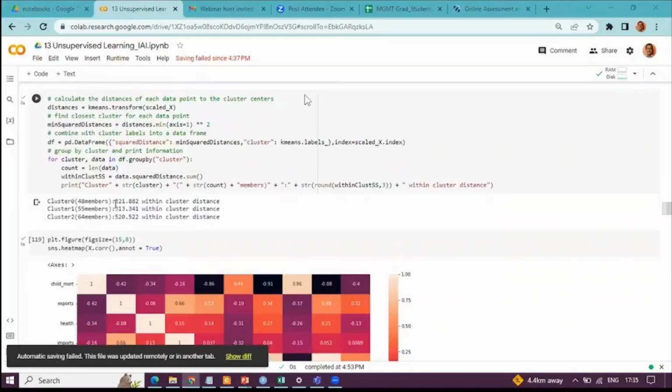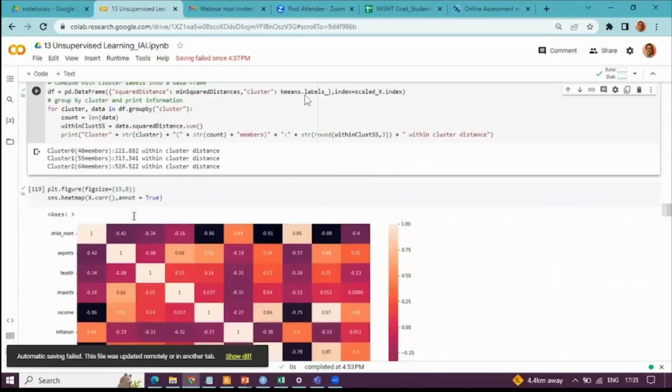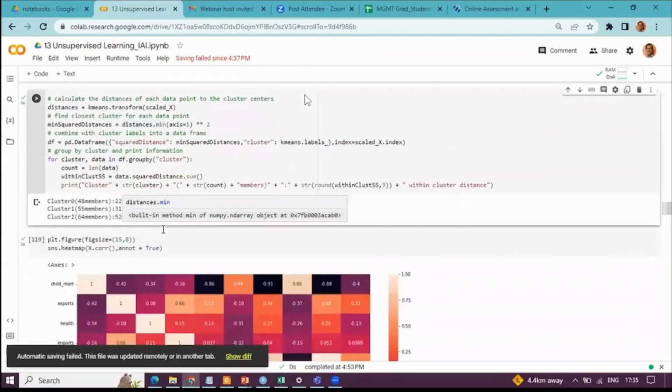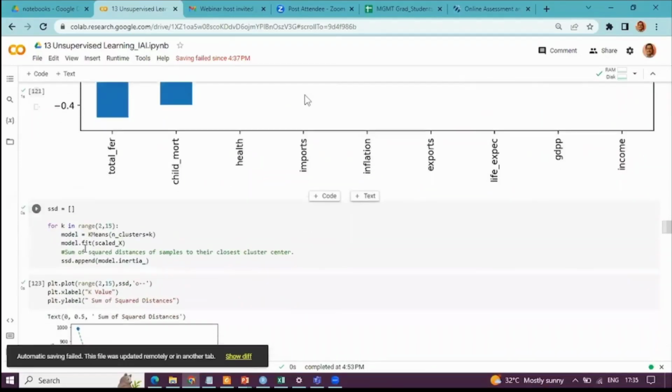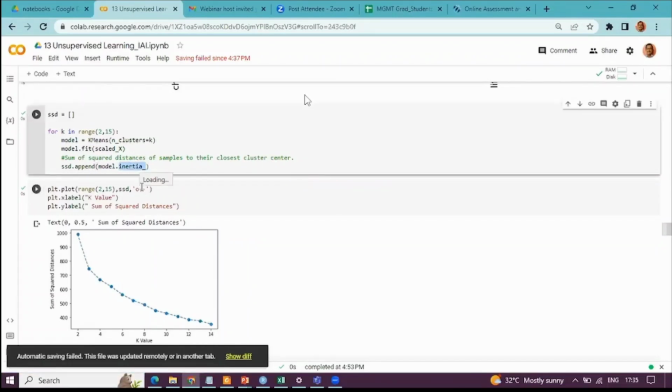So for each cluster, this is the within the cluster sum of squares. I can print for each cluster the within the cluster sum of squares, or if I am typically looking at the overall solution, I can directly consider the total sum of squares across the clusters.